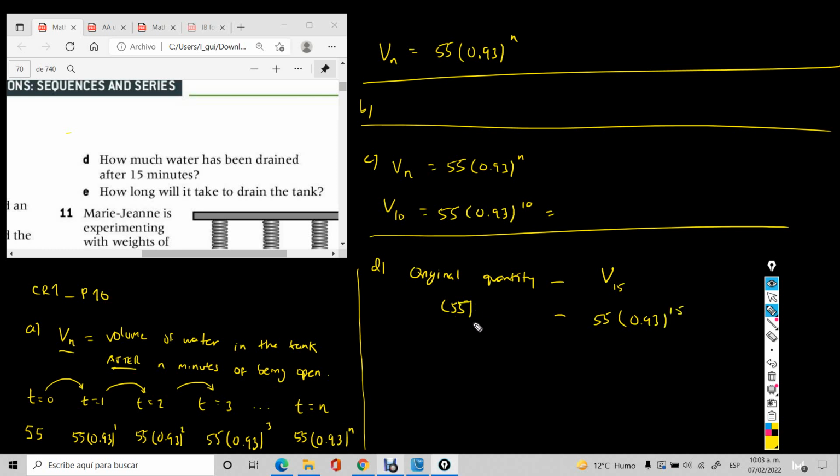If you do this operation, 55 minus this much, then you will obtain how much water has been drained. You need to read very carefully and try not to be too rushed in your answers. Try to double think everything.